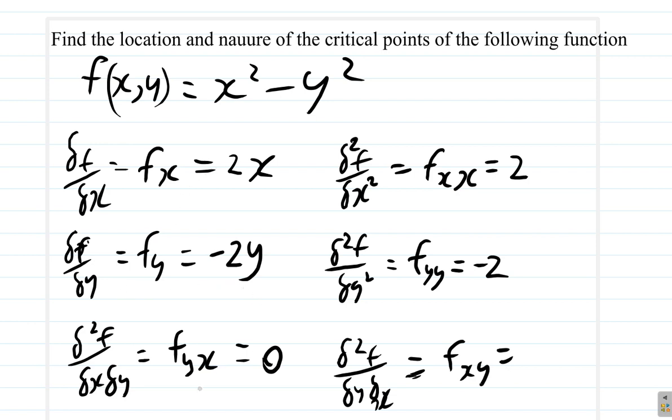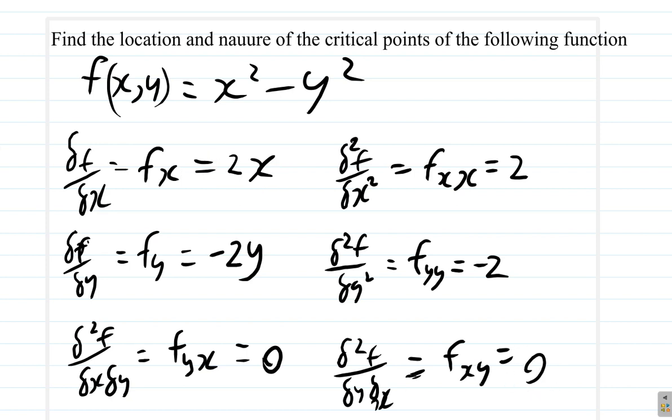Remember, I don't really need to find both fxy and fyx because we expect them to be equal, but we still do it here anyway. Right? We're not in an exam, so we have enough time to play around with this. So, look at what we differentiated with respect to x and then we differentiated it with respect to y. The derivative with respect to x was this. When you differentiate that with respect to y, we get 0.